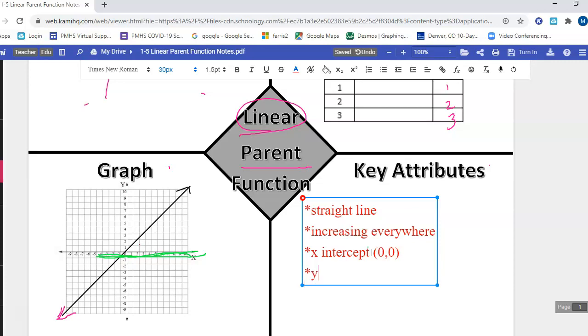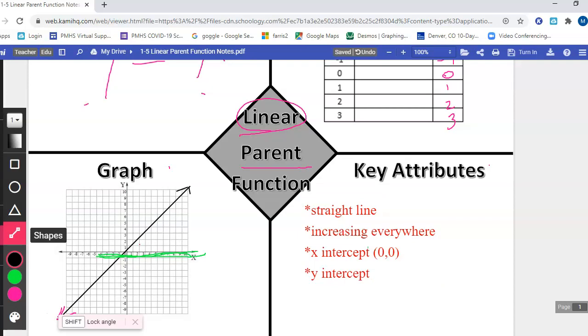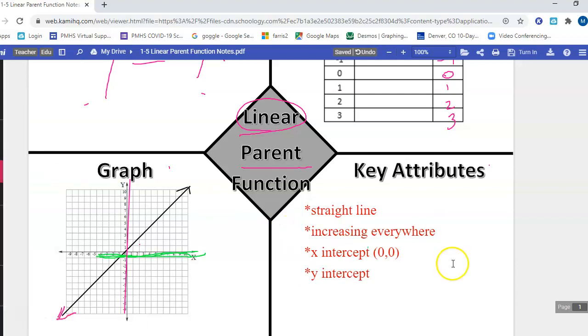The y-intercept: the y-axis is right here where this pink line crosses my original line. The y-intercept is also 0, 0.